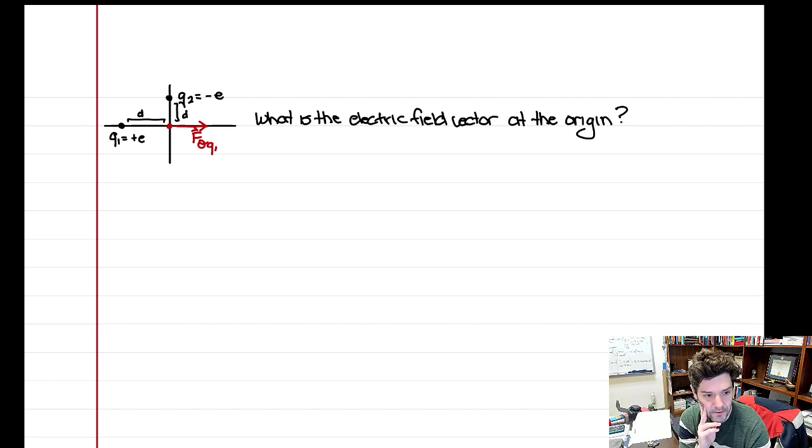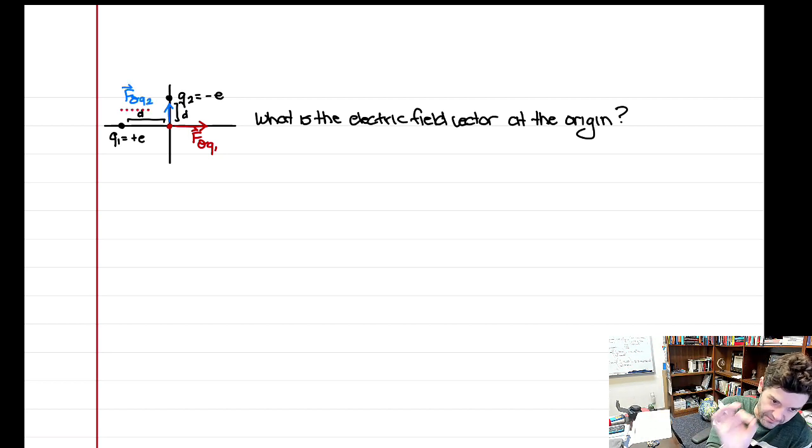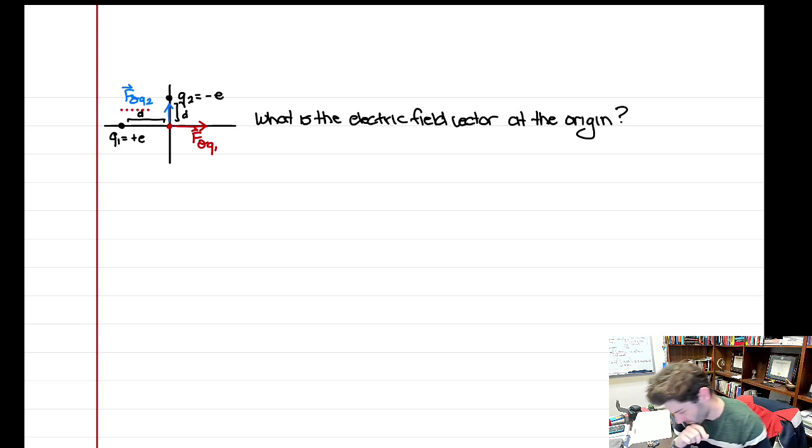Then Q2, if I were to place a positive charge at the origin, it would want to attract. So then there's going to be, I'll do a different color, another force vector here, which is the force on the origin from Q2, or on a hypothetical positive charge at the origin.